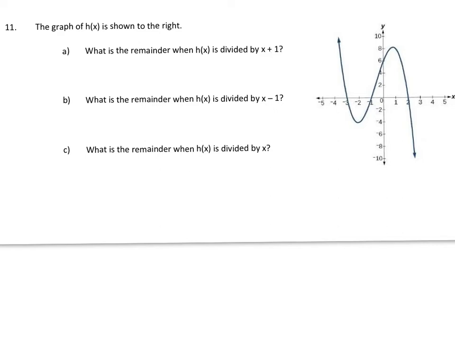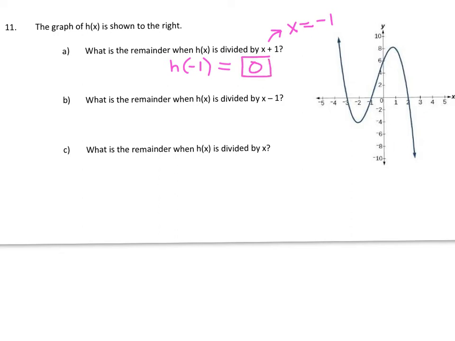So what we're really doing is finding h of negative 1. When x equals negative 1, what is the value of our function? I'm going to go over to negative 1, and the y value of the function here is at a height of 0. So 0 would be the answer. 0 would be the remainder.